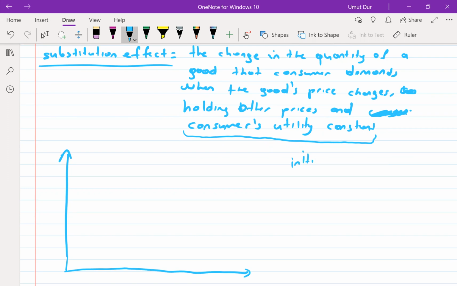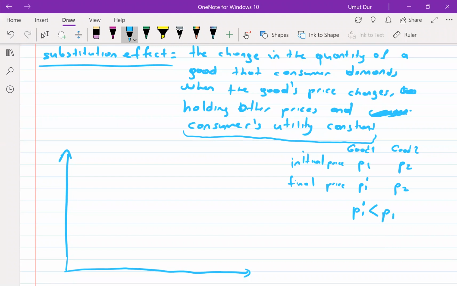So let's say that initial good one, good two, initial price. Let's say that this is P1, this is P2. Then the final, okay, there's a change in the price. Final price is P1 prime, and we keep the price of good two constant. Okay. So then what will be the effect of those price changes? Suppose that P1 prime is less than P1.